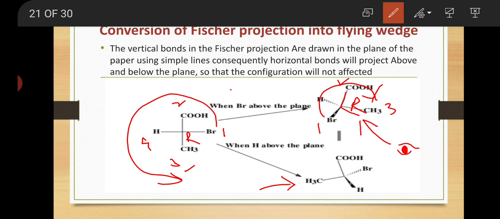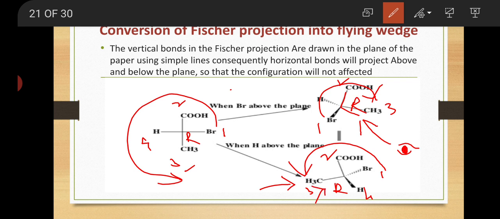The 1, 2, 3, bromine to COOH to CH3, is going anti-clockwise. The fourth priority group is above the plane, therefore the configuration is R, because the fourth priority group is above the plane when seeing the molecule here.